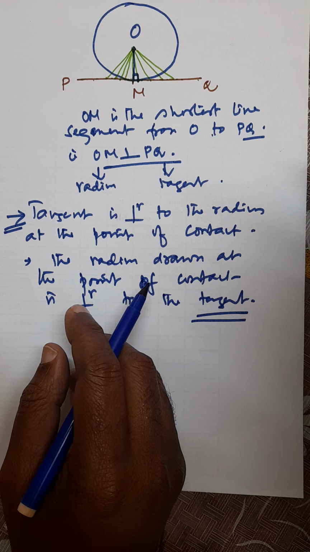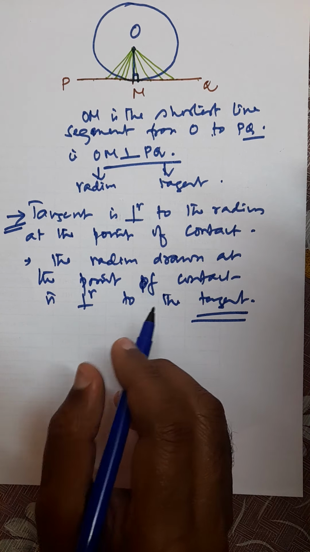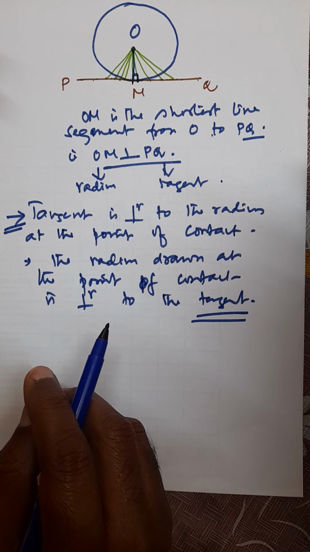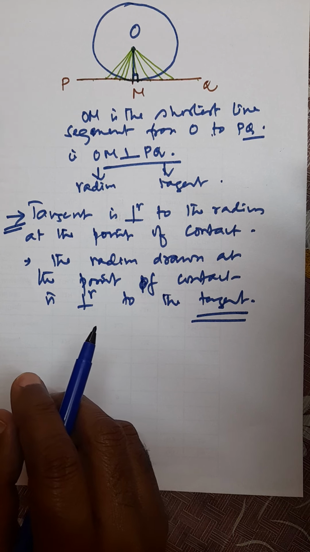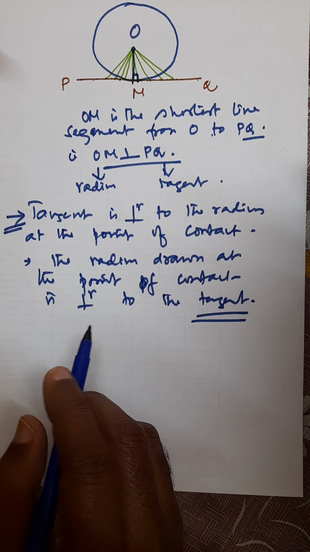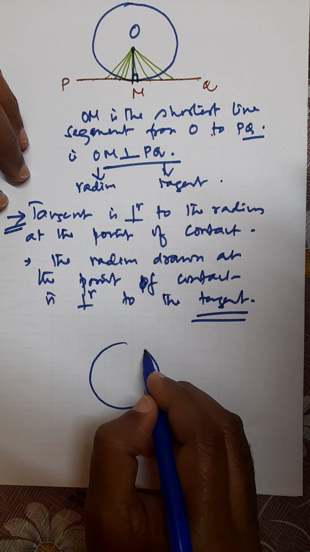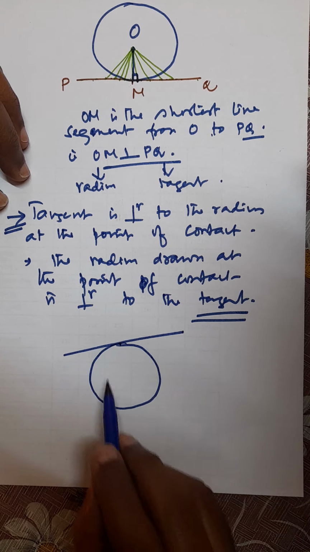Now with this concept, what we can say? Tangent has only one point of contact, that is, tangent touches at only one point, and secant is intersecting the circle at 2 points. Another thing is that, see, this is a tangent.